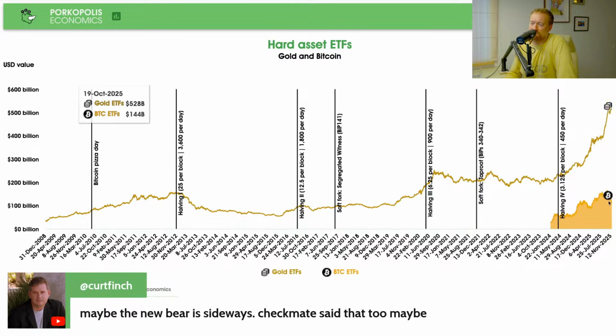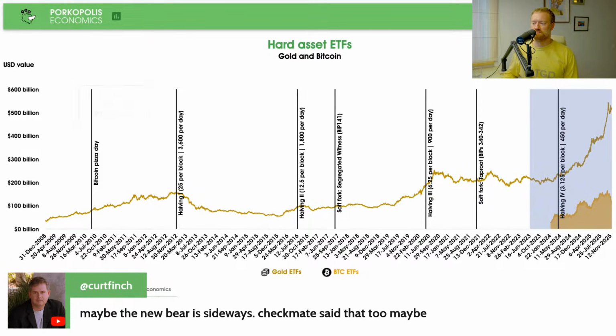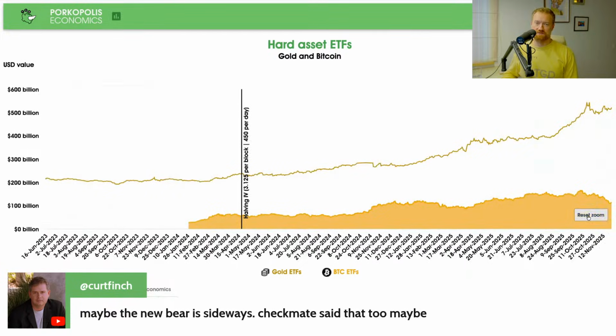So actually, we're overrepresented compared to gold, interestingly, by 3x. I should put that up. Percentage of the estimated total gold holdings, total gold market. How big is the ETF market? Gold is actually 3 times higher than Bitcoin, which is interesting.